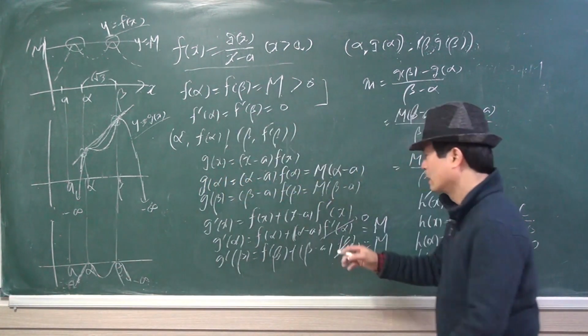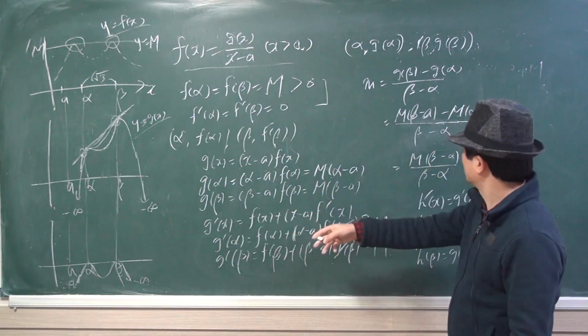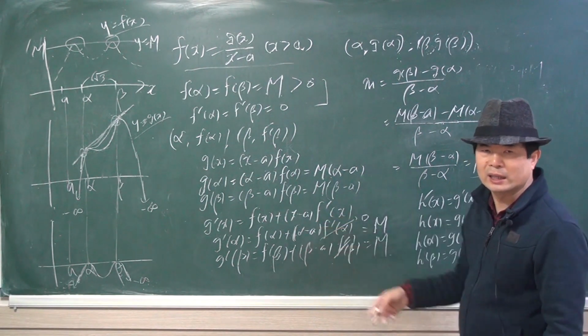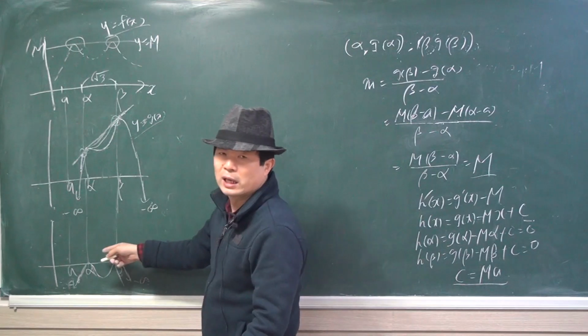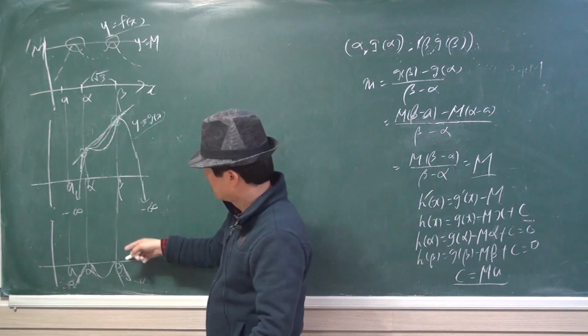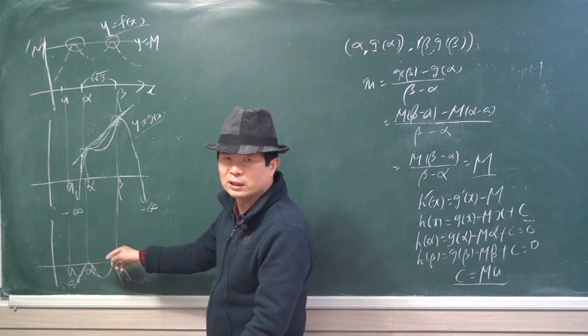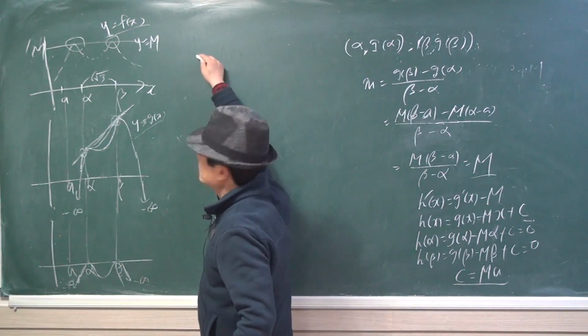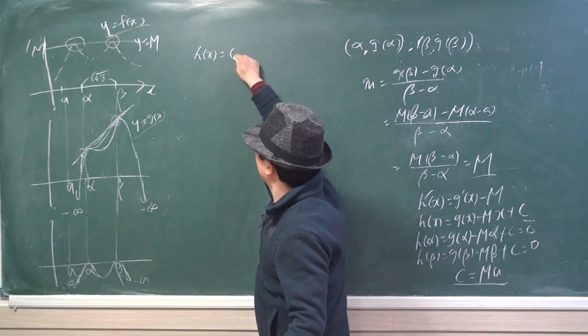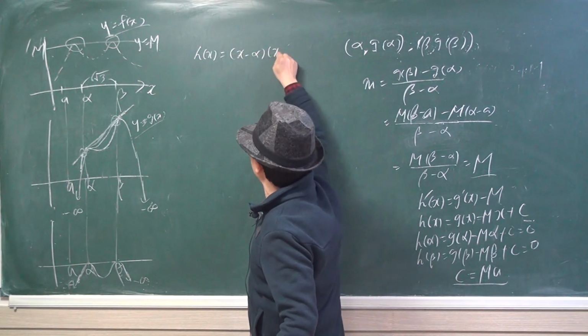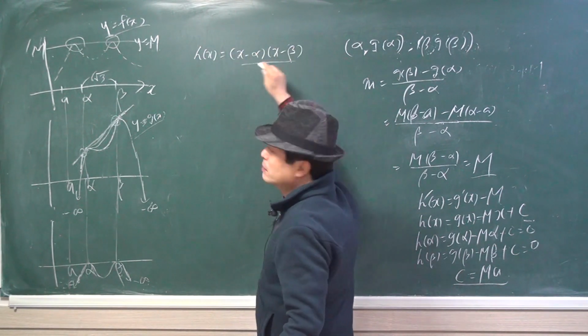And from the sketch, we can guess the form of h(x). Since h(x) is 0 at x equals alpha and beta, it must contain factors of x minus alpha and x minus beta.